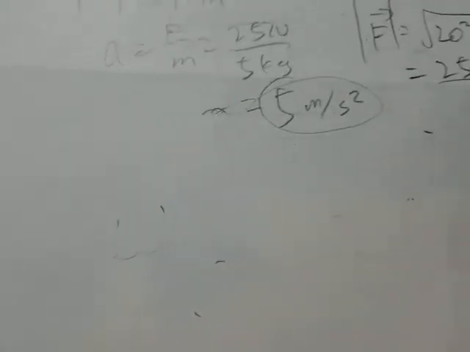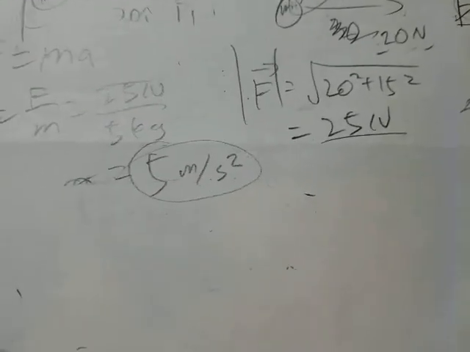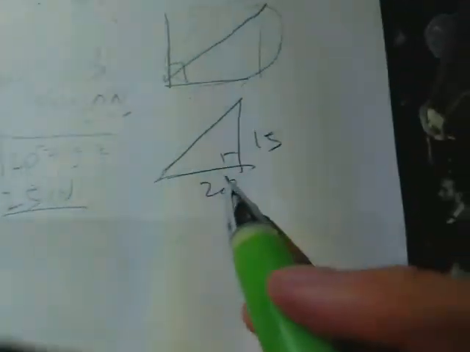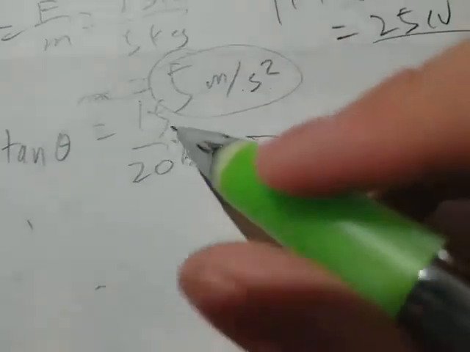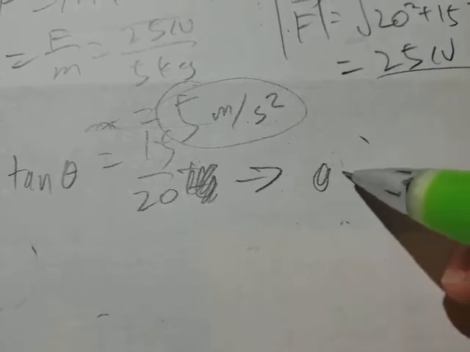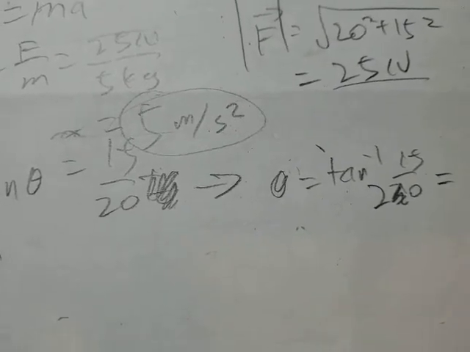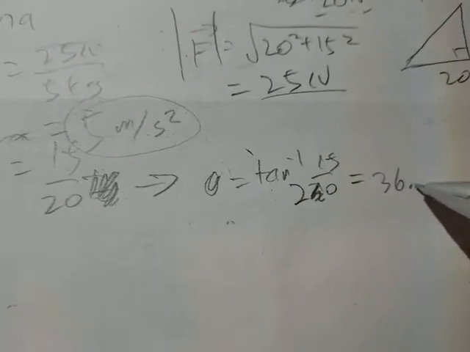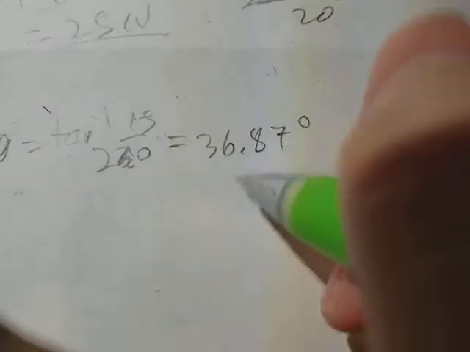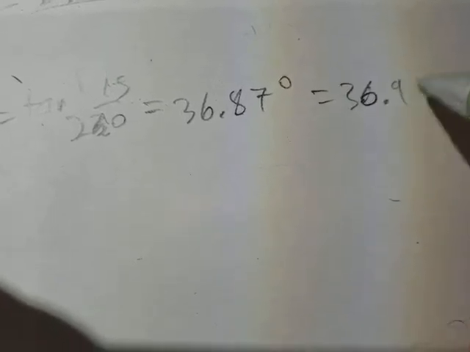So now to find the angle at which the object accelerates, we solve for the tangent of this triangle, and you should get 36.87 degrees, or 36.9 degrees in the back of your book.